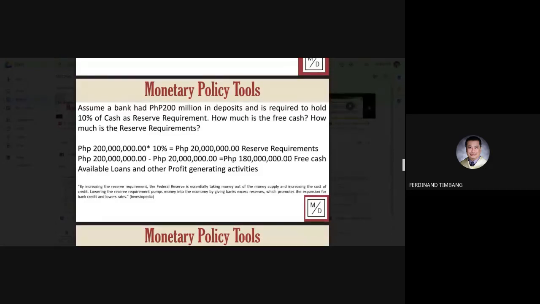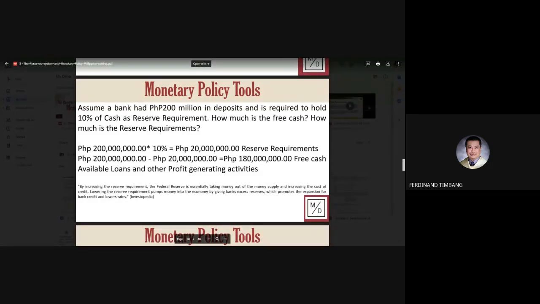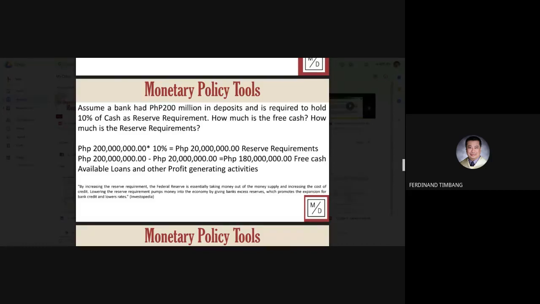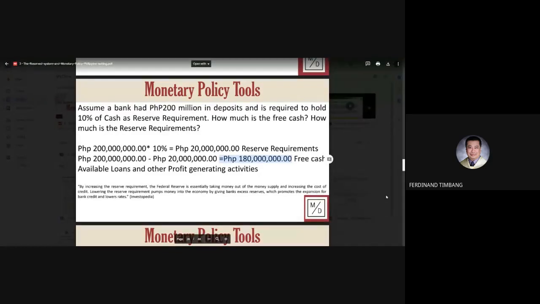Tapos, deposit ng mga bangko. And then, the 10% cash reserve is required to be maintained with Bangko Sentral ng Pilipinas. So, 10% ng 200 million is 20 million. So, ibig sabihin nun, out of the 200 million na deposits ng mga banks, they can lend 180 million. So, free cash siya for lending.